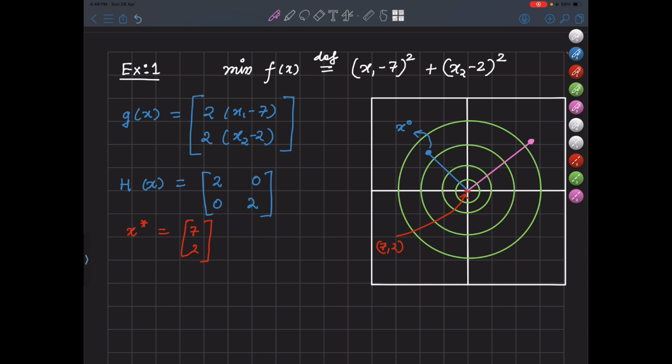So let's report this observation. Behavior of the steepest descent direction algorithm with exact line search. Here we are using exact line search.